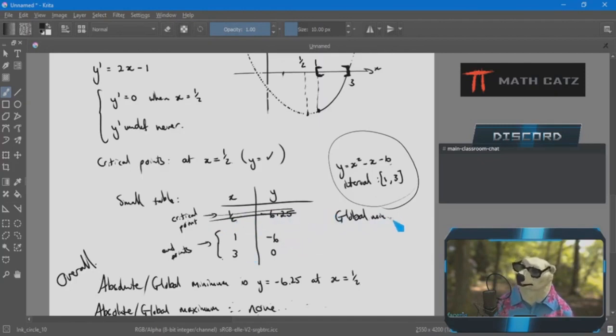My global minimum is this lowest point on that interval, which is negative 6, and that happens when x is 1. And my global maximum is the largest y value I get out of the table of valid points, which is 0, and that is when x is 3. So it's a very good example. I just wrote a little too fast.